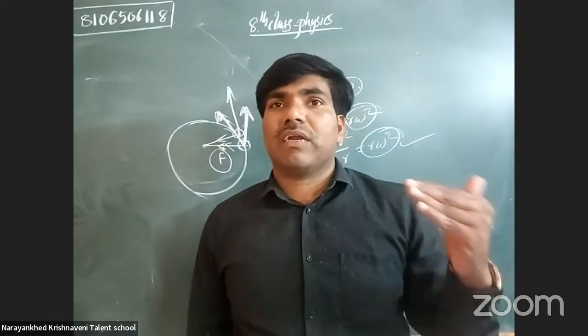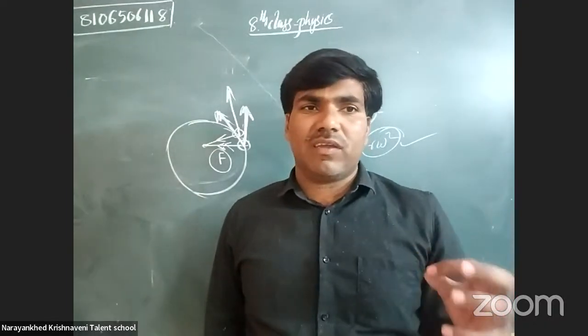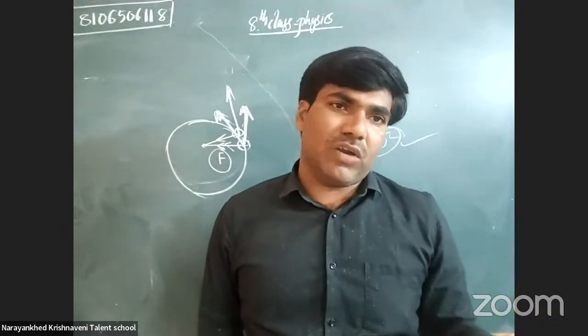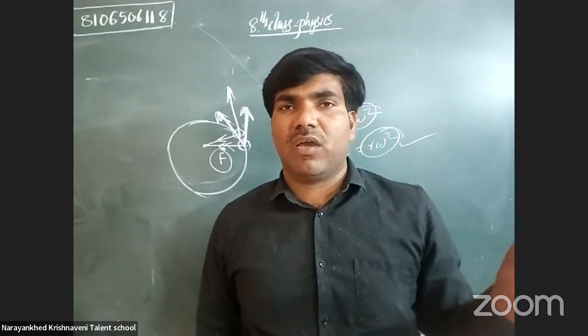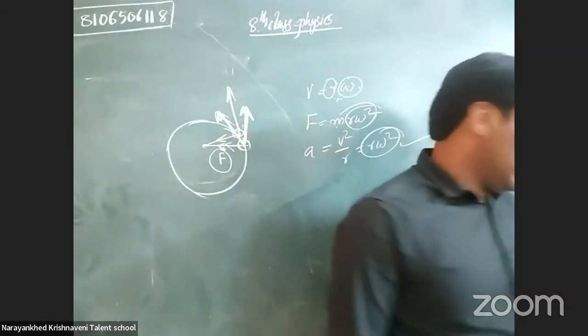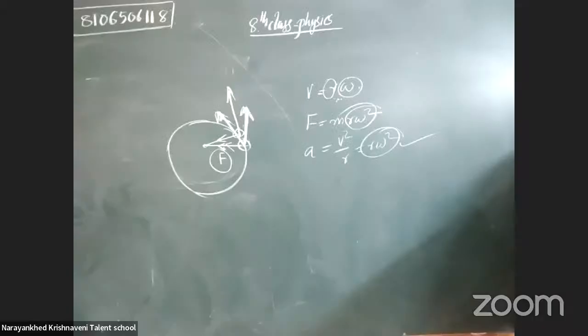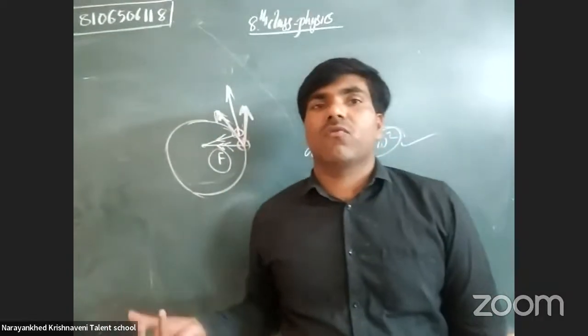Next, vectors and scalars, a very important topic. Why? Because the fundamentals of vectors and scalars are already in 6th and 7th class. If you have any 6th class and 7th class books available, please go through them and get the fundamental concepts also.